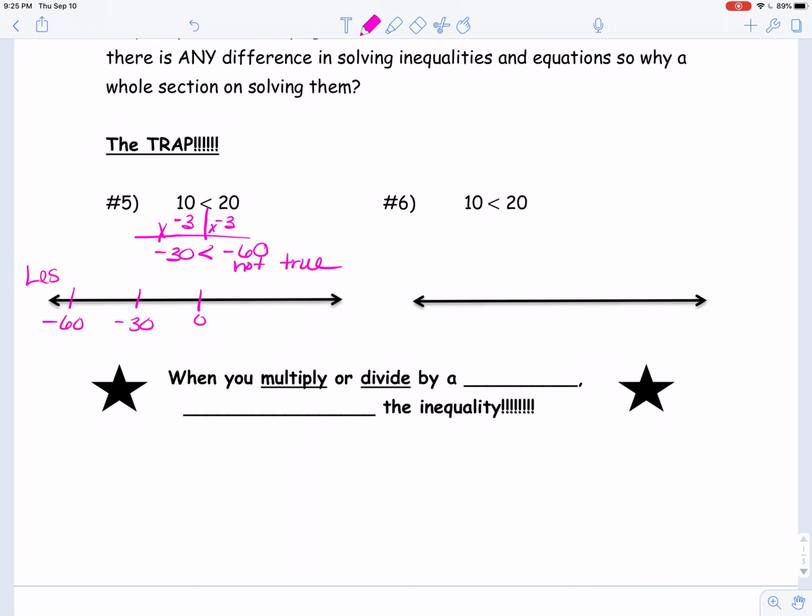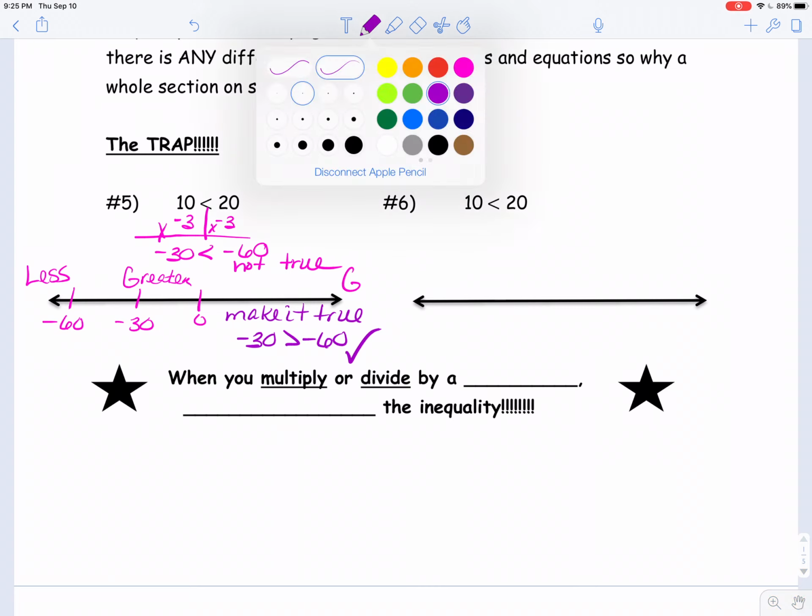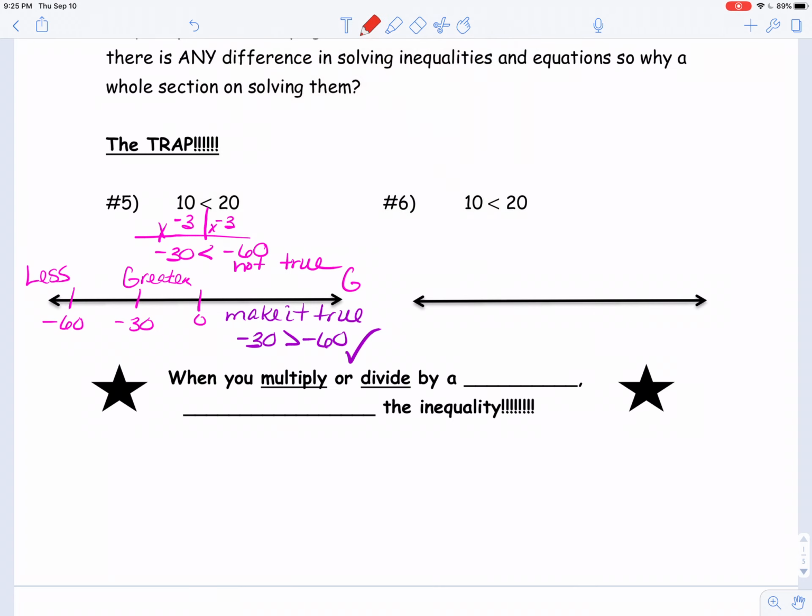These are your lesser numbers, and your greater numbers are to the right. So since negative 30 is to the right of negative 60, that's going to be the greater number. So that is not true. So what can we do to make it true? To make it true, we can flip the inequality symbol. So instead of negative 30 is less than negative 60, we flip it, negative 30 is greater than negative 60, now it's true.